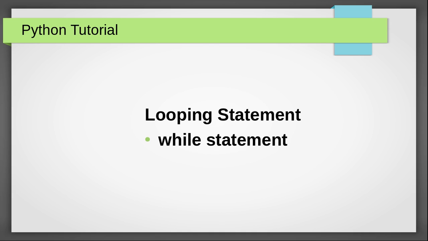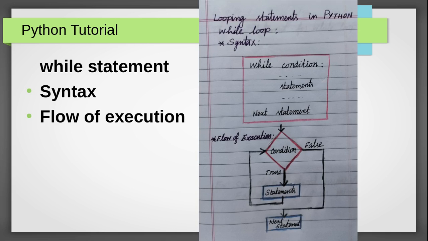So let's start the discussion of the while statement. As I told, in this while statement a set of statements are repeated until the condition becomes false. So look at the syntax: while is a keyword followed by a condition, and inside the looping statement we have n number of statements.